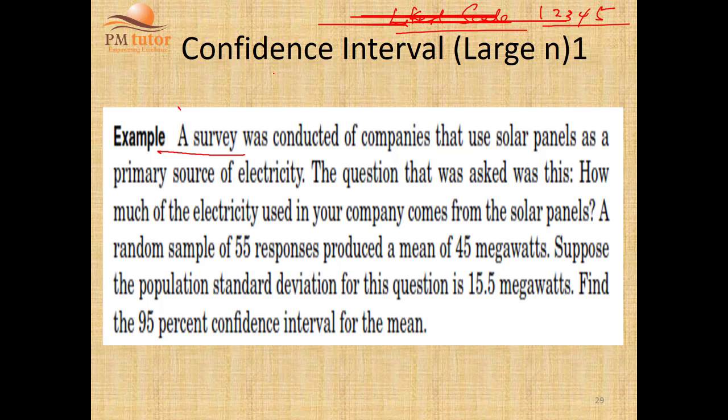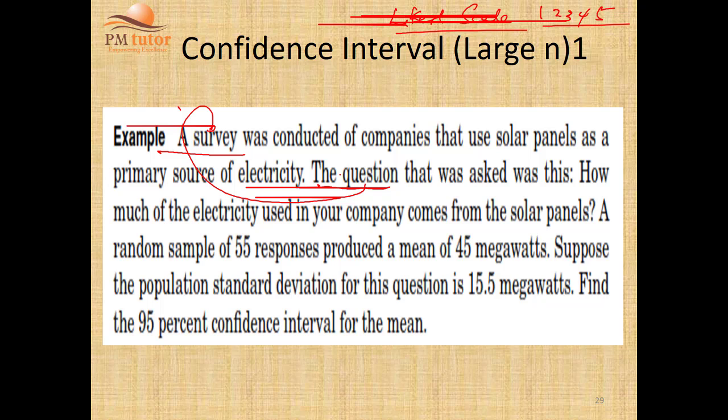So this question says the survey was conducted of companies that use solar panel as the primary source of electricity. The question they're talking about is the question on the survey. The question that was asked was this: how much of electricity used in your company comes from solar panel? So they went to each of the companies and asked.